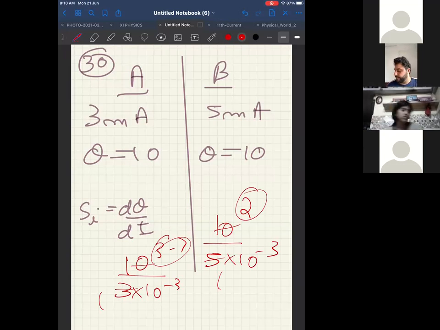Therefore can I say the answer of A will be higher? Therefore, can I say A is more sensitive than B? Because the sensitivity of A has come higher than the sensitivity of B. Is it clear?